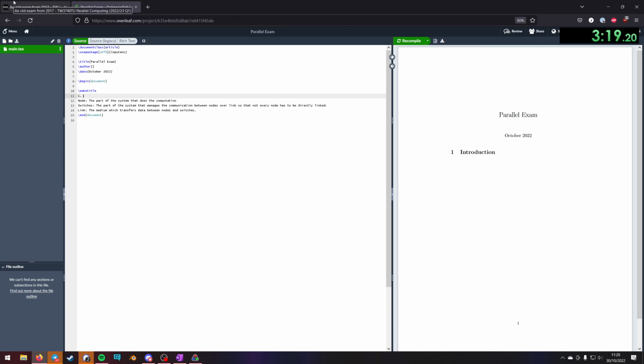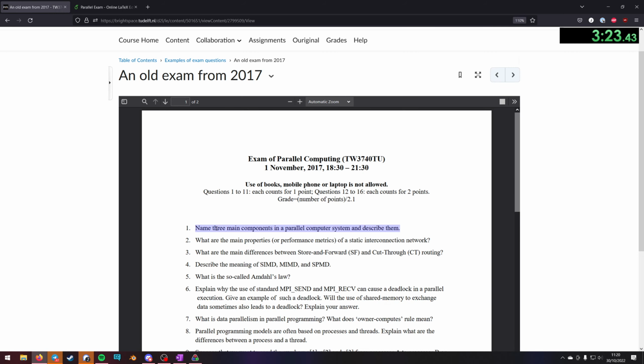Would that be a part of it as well? Another way you could interpret this question is: you have memory, you have cores, and then some other third thing. Network might be another way to interpret this question.